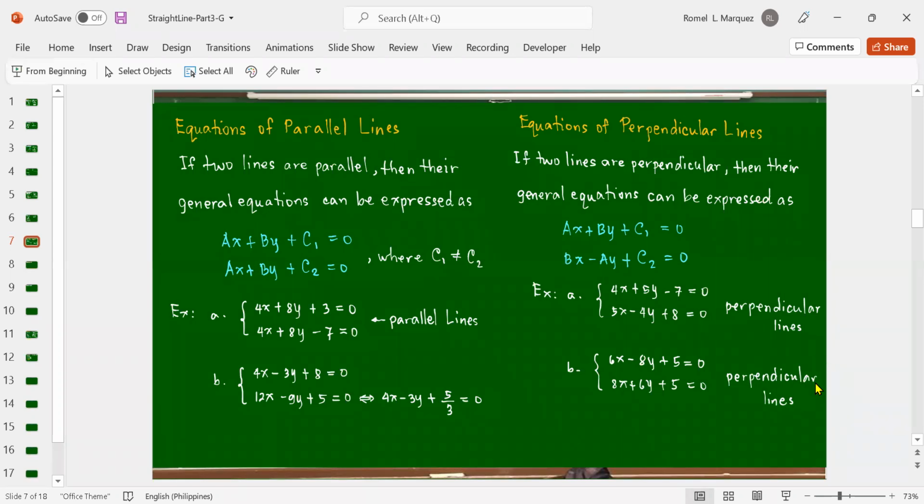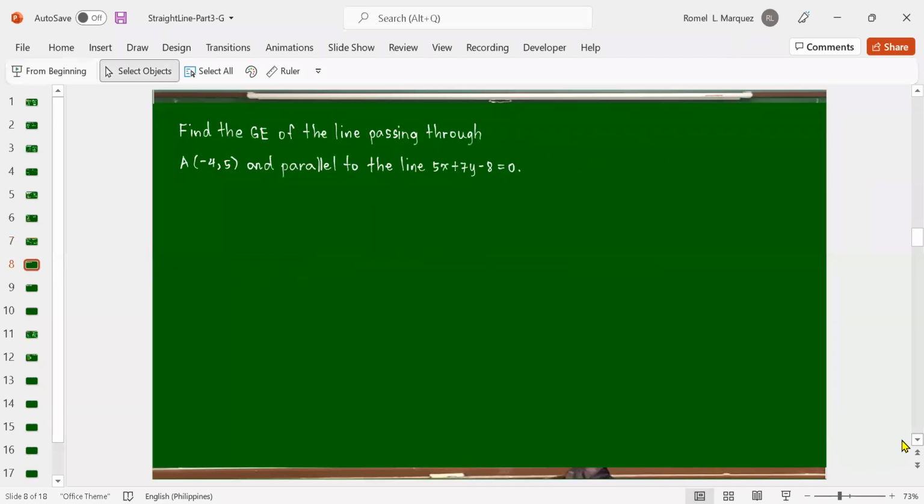Okay, guys? Let us have some more examples. Find the general equation of the line passing through negative 4, 5 and parallel to the line 5x plus 7y minus 8 equal to 0.